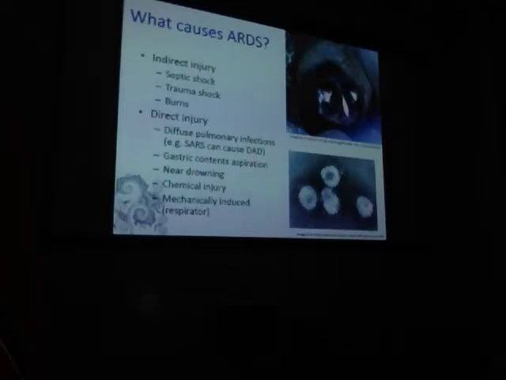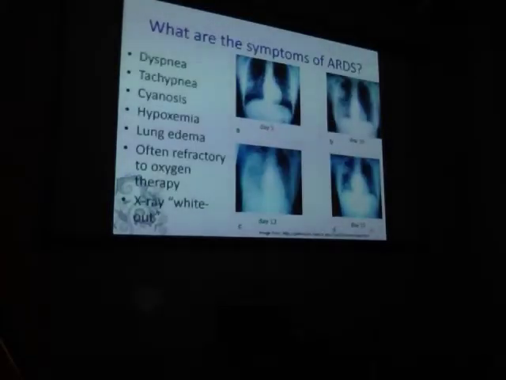So if we look at acute respiratory distress, here's a list of problems that the patient would have. Shortness of breath. What's tachypnea? Fast breathing. Tachy meaning fast. They're cyanotic, because they're not able to ventilate well or oxygenate well.